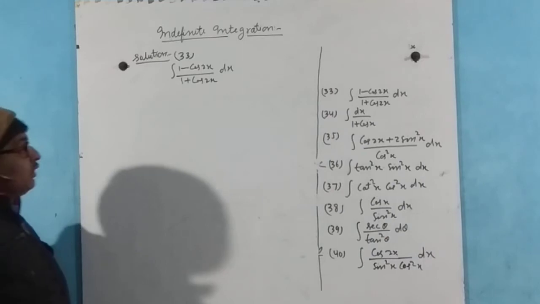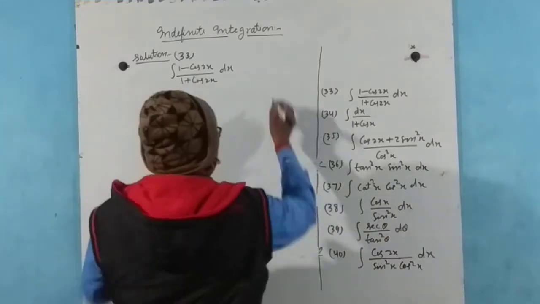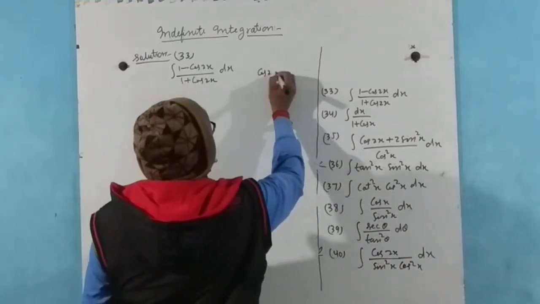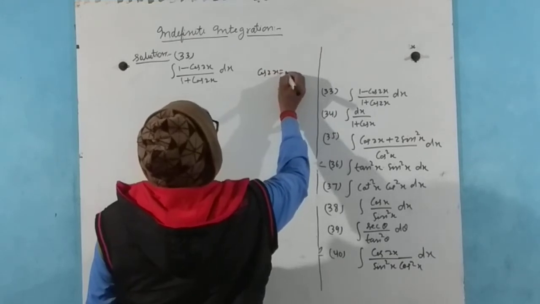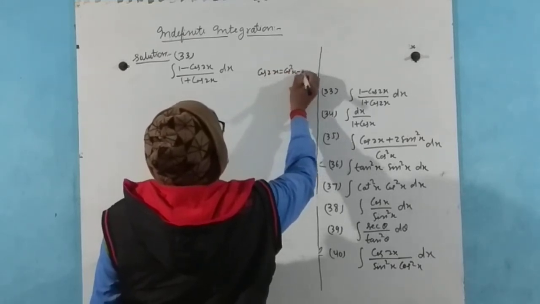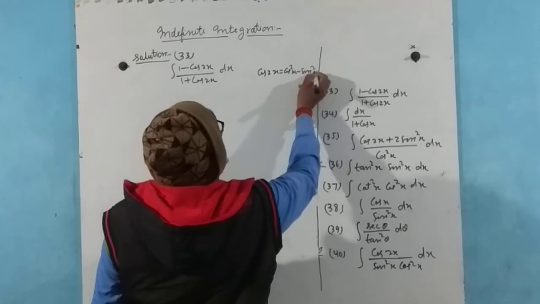Now we solve it. As you know, cos 2x equals cos square x minus sin square x.